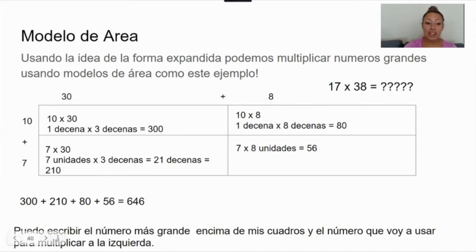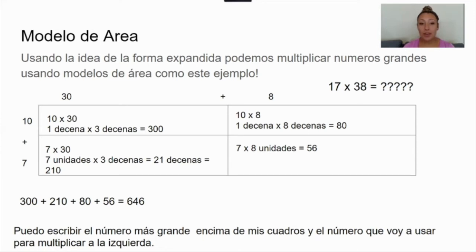Acuérdense que puedo escribir el número más grande encima de mis cuadros y el número que voy a usar para multiplicar a la izquierda de los rectángulos. Y los estoy mostrando en la forma expandida, mostrando mis decenas, mis unidades y si tengo centenas, centenas. Si quieren, pueden tomar notas sobre esta página en su papel en caja número 1.